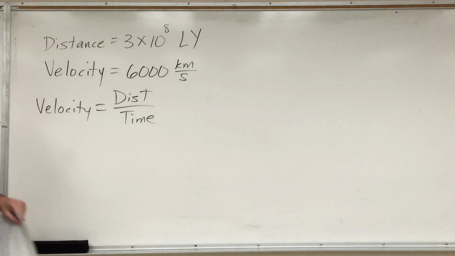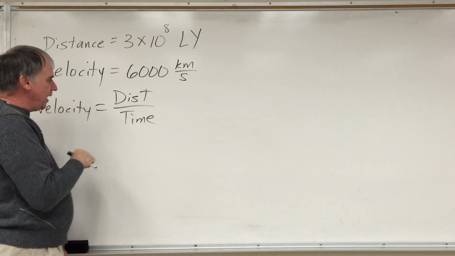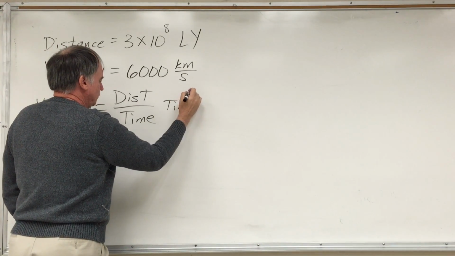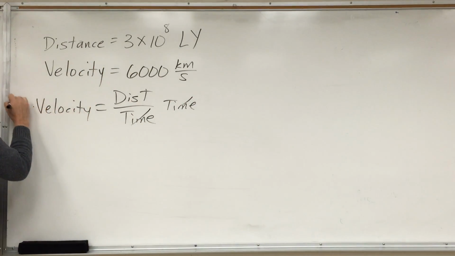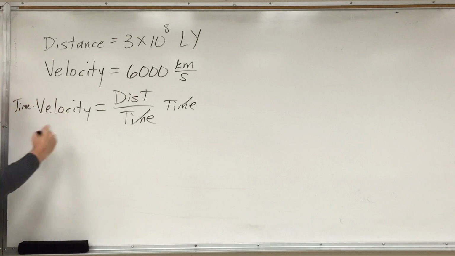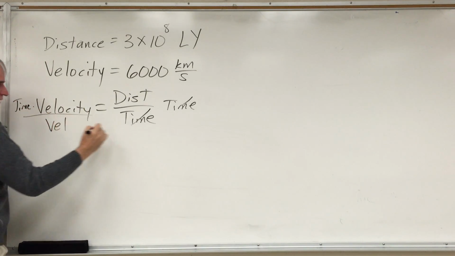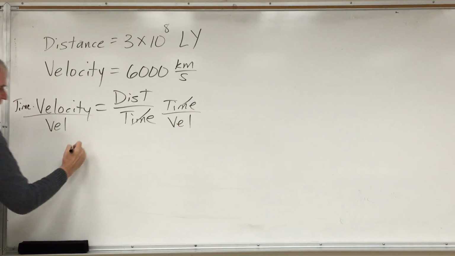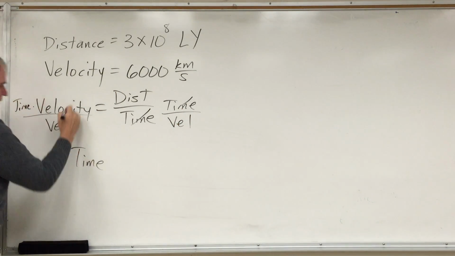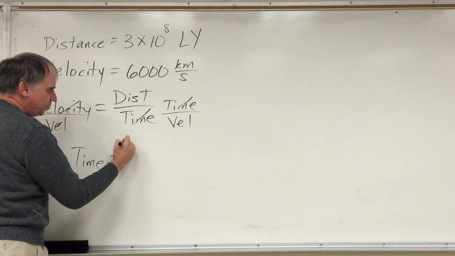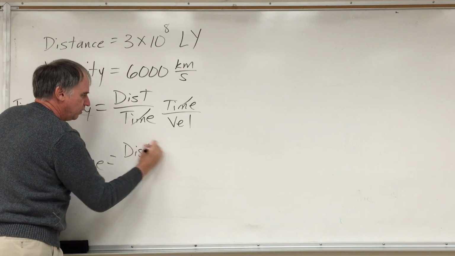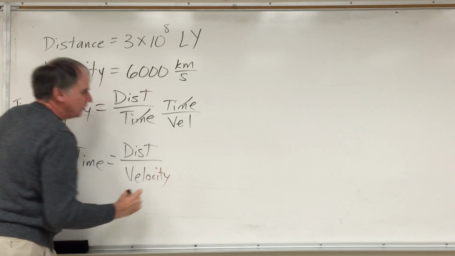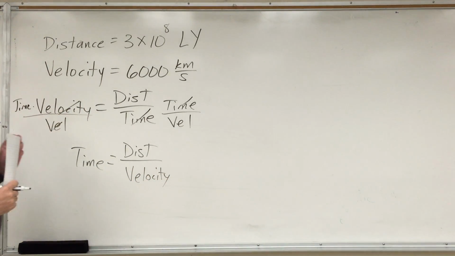If I multiply both sides of this equation by time, times cancel, time over here, divide both sides by velocity, we get that time, the velocities are canceled, is going to be distance divided by velocity. So that's how we're going to solve for the time.